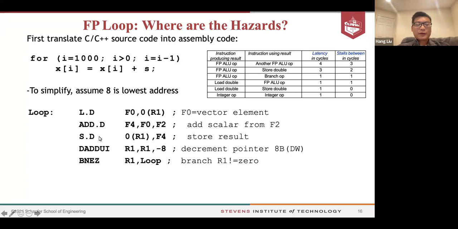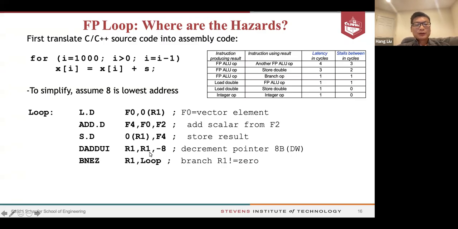Then we store the updated xi back to xi. Then we subtract the pointer by 8, since it's a double word, to slide to the next xi.